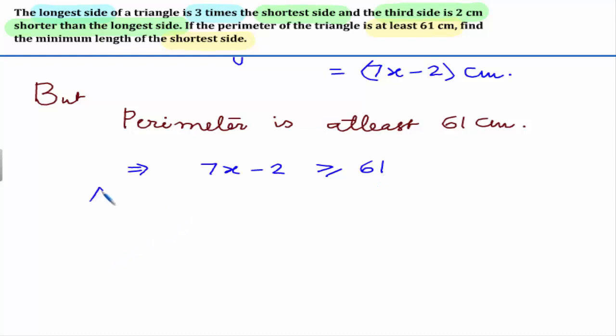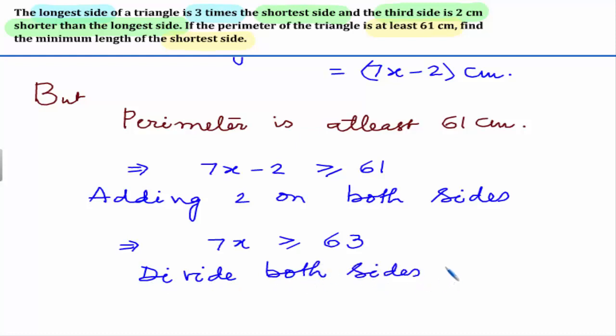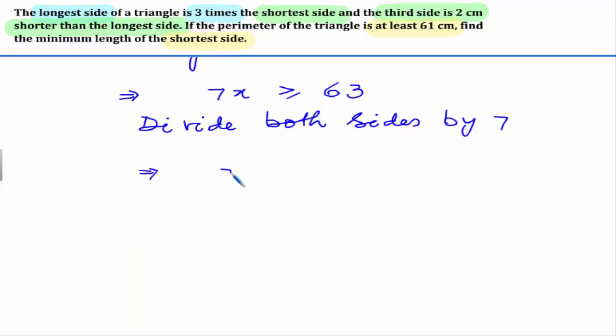Now by adding 2 on both sides, we get 7x is greater than or equal to 63. Now let us divide both sides of the inequality by 7 and we get x is greater than or equal to 9.